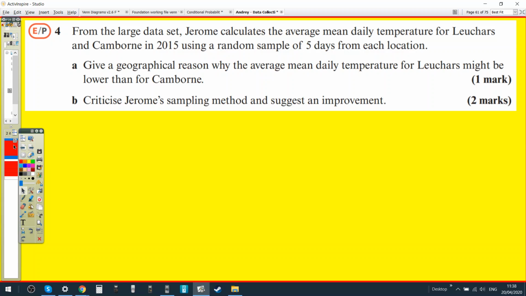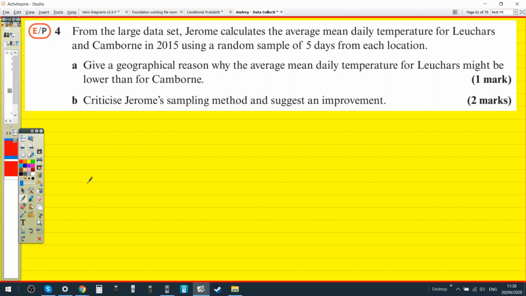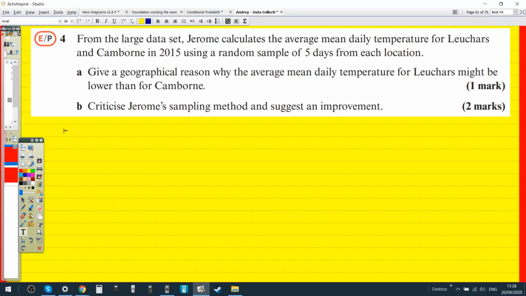Okay, how about this? Could I say something like because Lerwick is in the north, whilst Camborne is in the south? Yep.